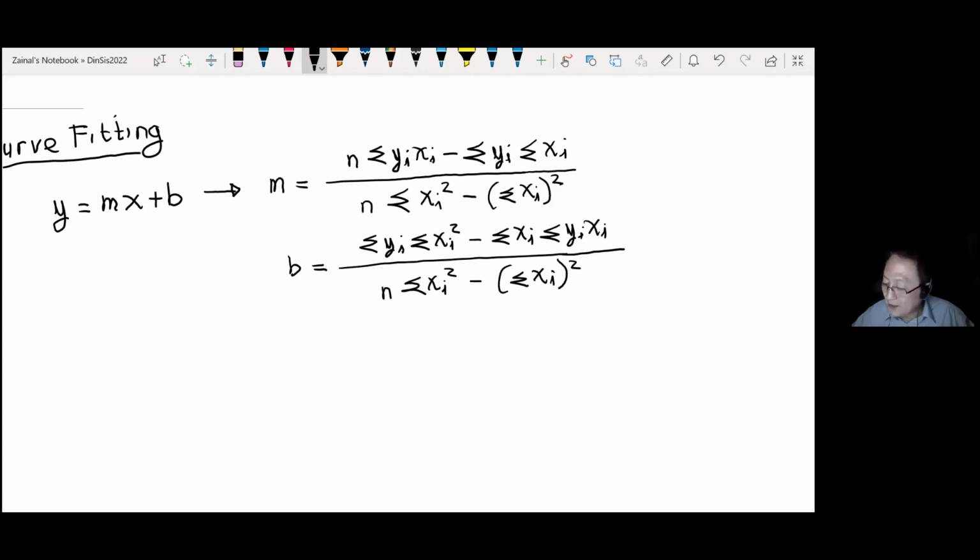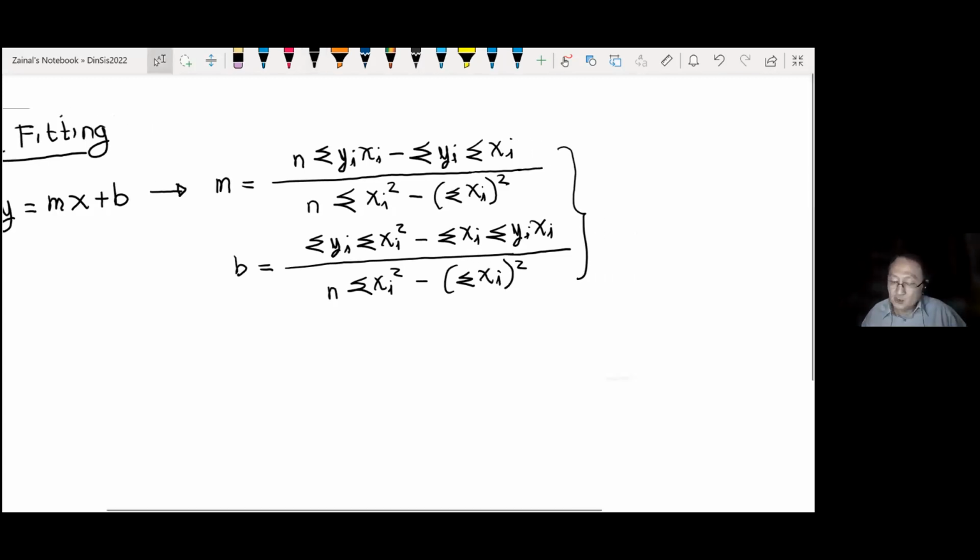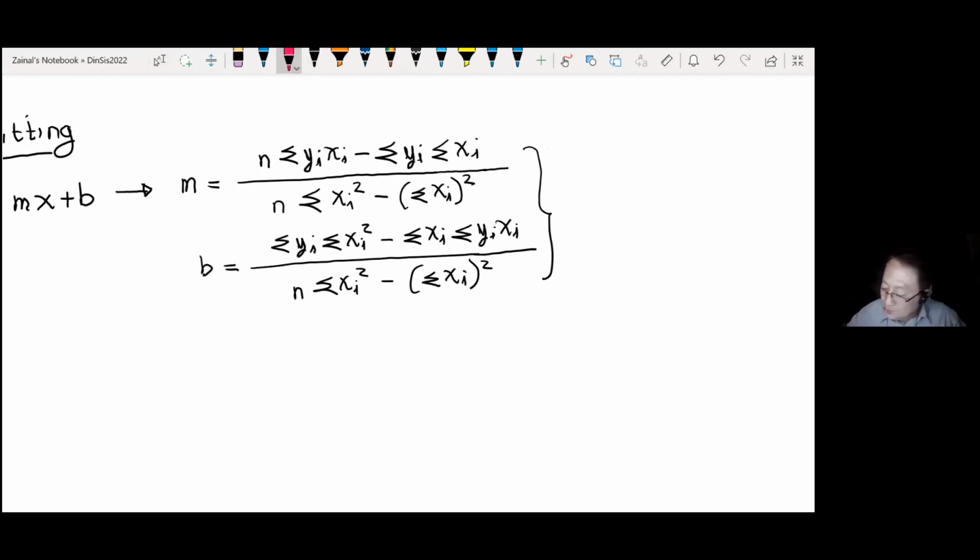You have to be able to derive this one, because this is the easiest curve fitting.